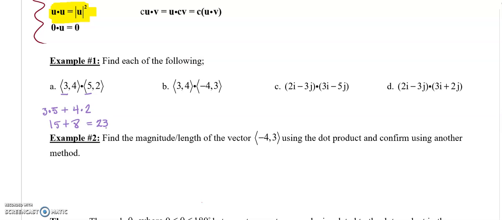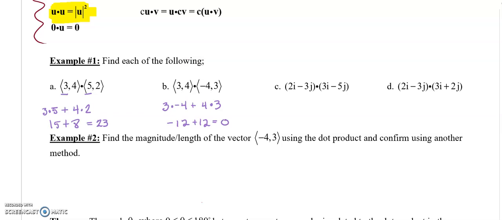The next example, we're going to take 3 times negative 4 and add it to 4 times 3. Now I look at the next two examples, and they are no longer written as component vectors.